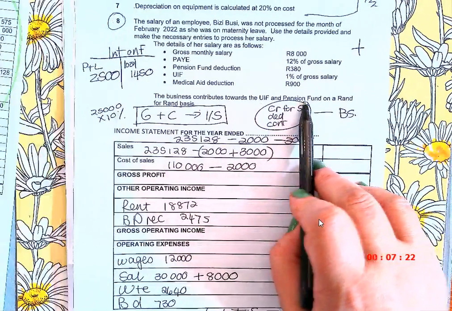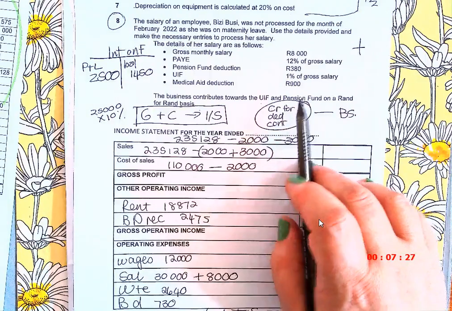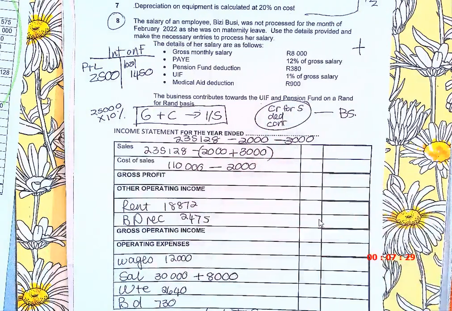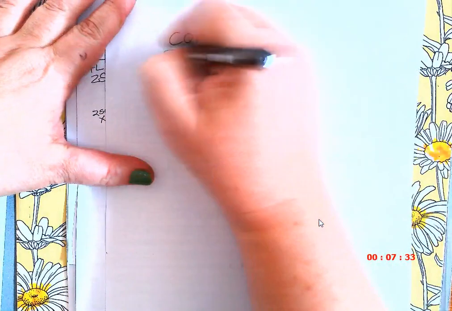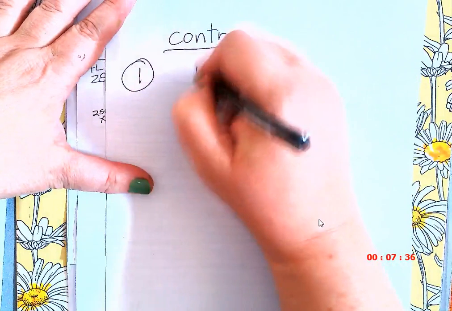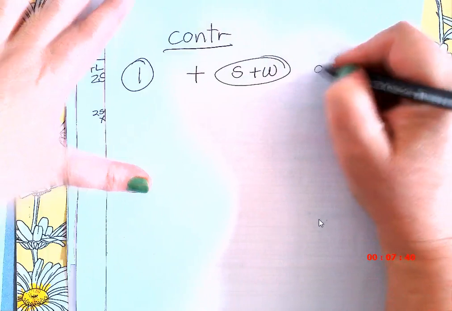Now, there's different ways I can put it in the income statement, and I need you to be aware of it. Okay? So, my contributions, the most popular way, is I just add it to the salary and wage. In other words, to the gross.